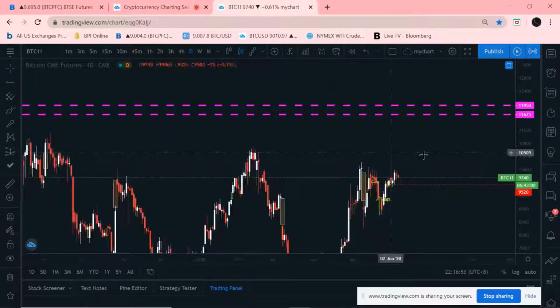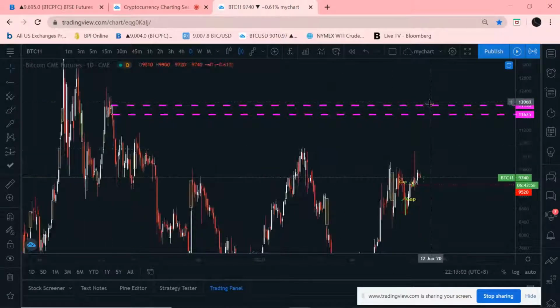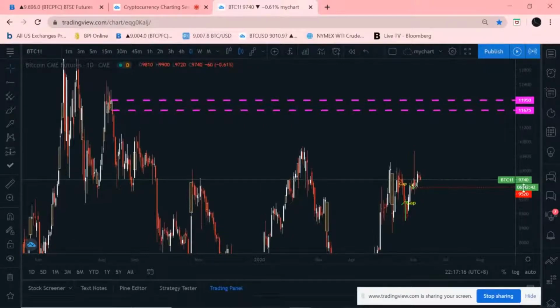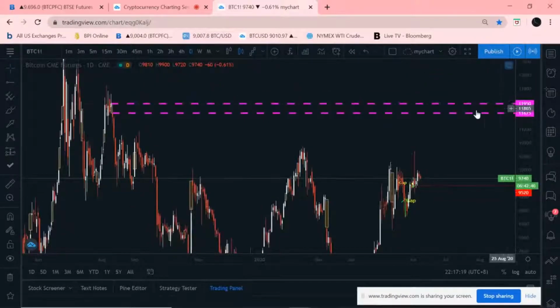Because once it breaks out here, I think it's easy for it to fill these gaps. So at least around 12,000 if using the CMC chart. So yeah, I'm still looking forward to it filling the gap, but when, that's actually the question.